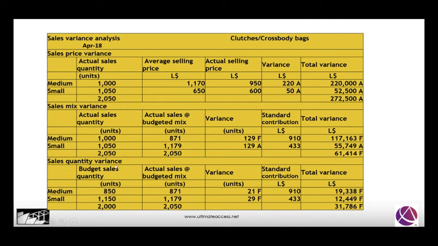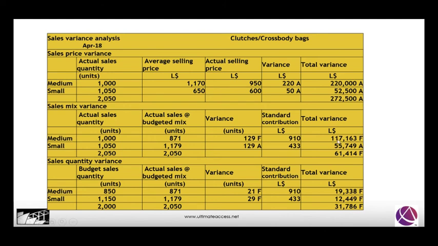Well, we sold 2,050, so that's been modified, and we can see within the mix these are units. We've sold more units of the medium size clutch bags and fewer units of the small size clutch bags, given the mix that we would expect for 2,050. And this has given us a net variance which is favourable.